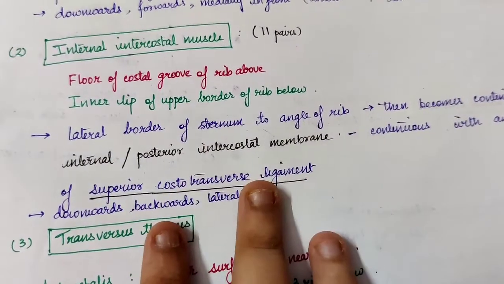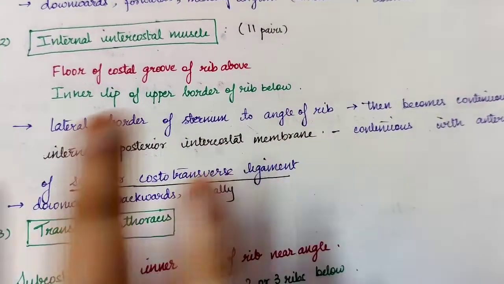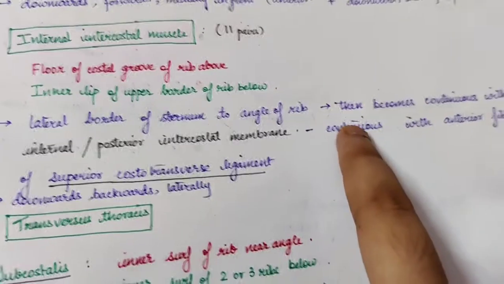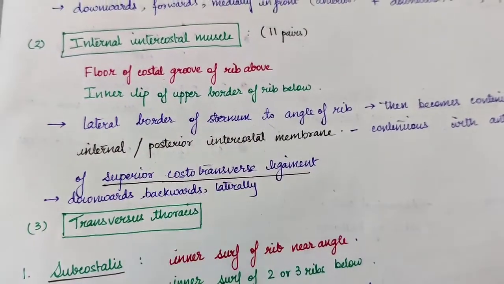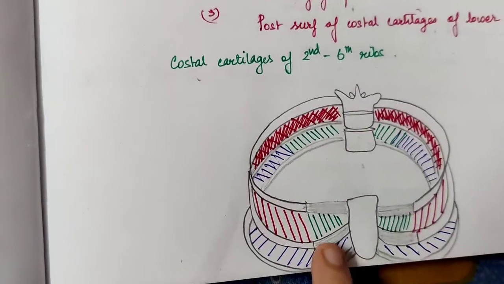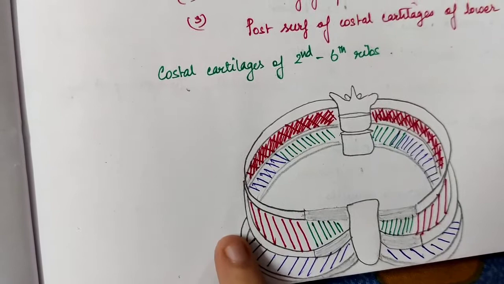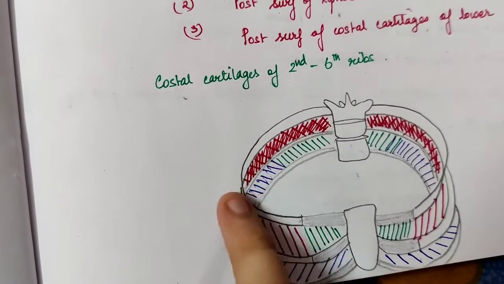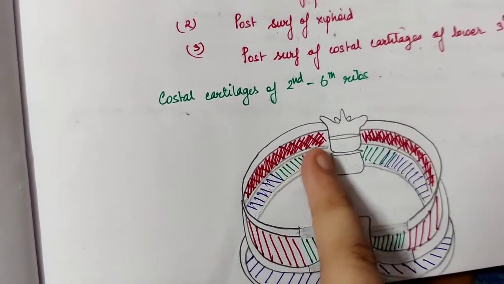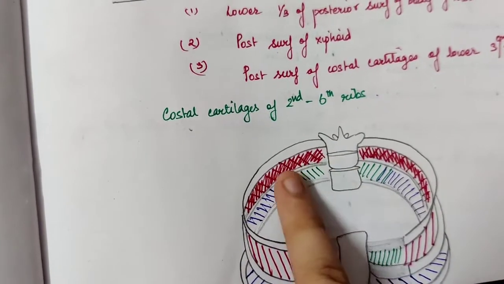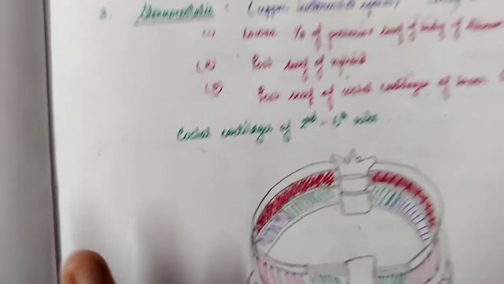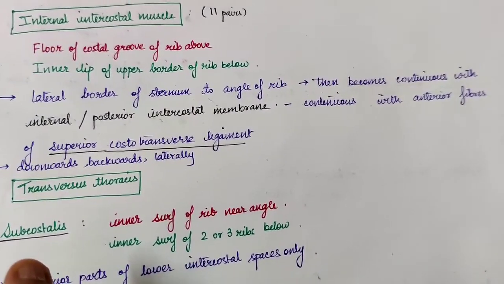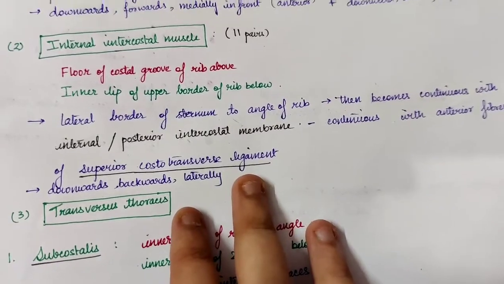Its extent is from the lateral border of the sternum to the angle of the rib, and then it becomes continuous with the internal or posterior intercostal membrane, and it is also continuous with the anterior fibers of the superior costotransverse ligament.